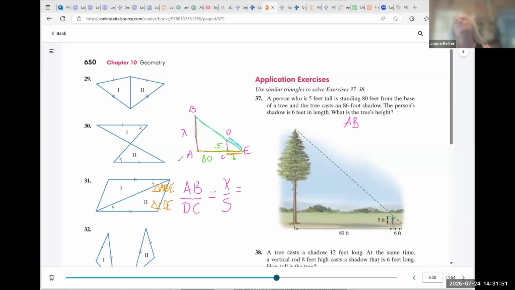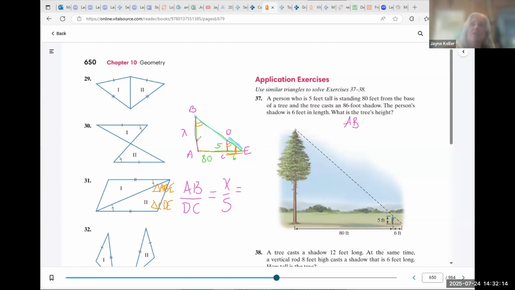And I want them to be sides that are opposite the angles that are congruent. You see AB and CD are both opposite this angle here. That's angle E. And then this angle here is congruent to this angle. What are the sides that are opposite them?